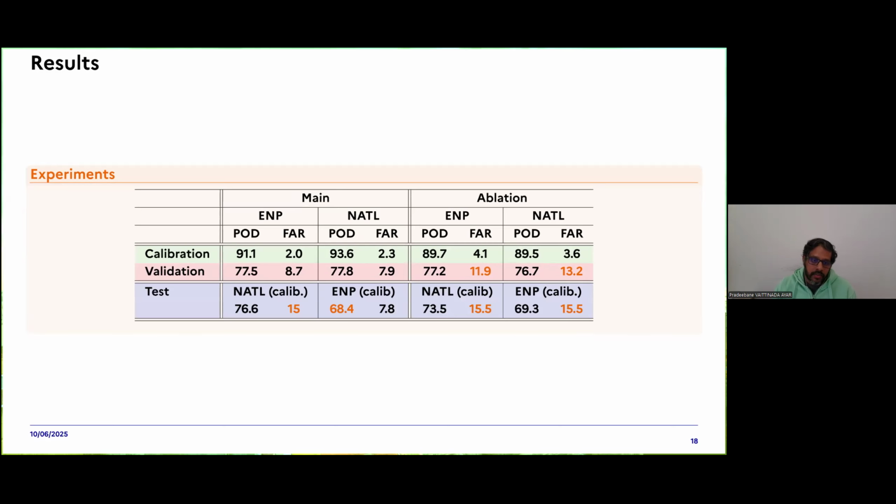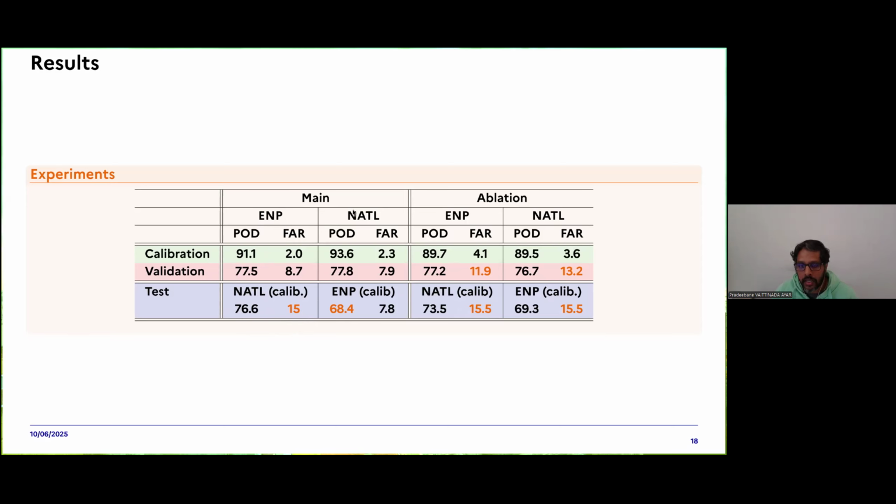Then I ran another experiment. On the left is the main experiment. What I did was to use the calibration over the Northern Atlantic and reconstruct my tracks over the Eastern North Pacific. You can see that you have almost the same probability of detection, but you degrade the false alarms. So you have more false alarms for the Eastern North Pacific.